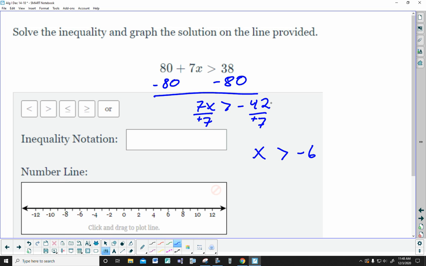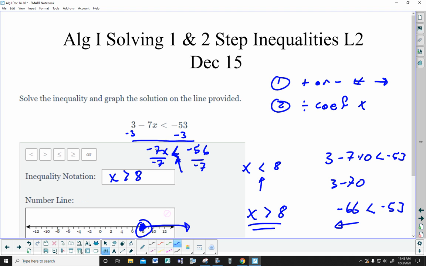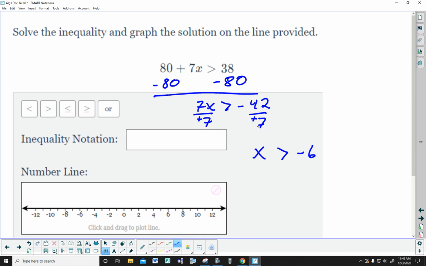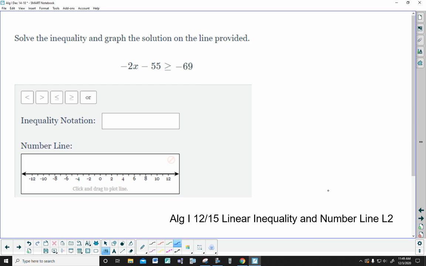Yes, this number on the other side was negative, but that's not the problem. The problem was I divided by a negative on this previous one. When you divide by a negative, the inequality has to turn around. Okay? I didn't divide by a negative, so I don't turn it around. It's only when you're dividing by the negative.